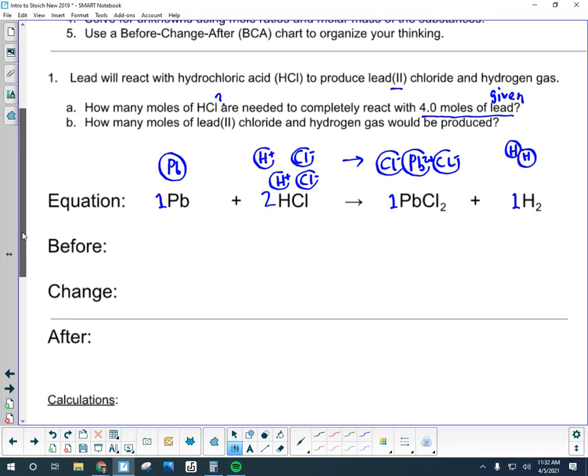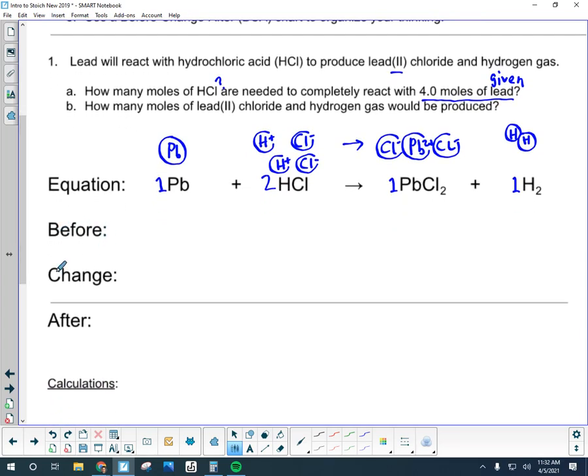So I call these BCA charts, for before, change, and after. We're going to look at what's present before the reaction happens, what change occurs, and then what's left after the reaction. So I can go ahead and fill in that I have 4 moles of lead before the reaction happens. I'm just putting it below lead in the table.